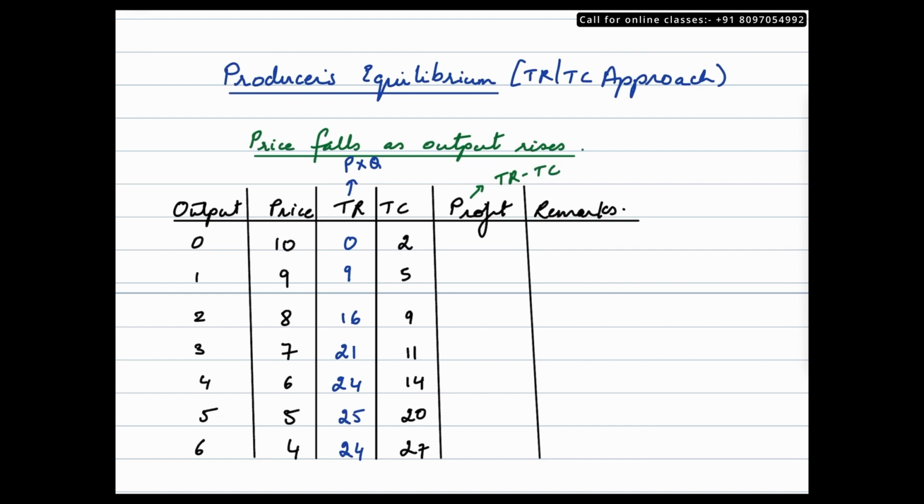So in this case here it is -2, then we have a +4, then we have a +7, then 10, then again we have 10, then we have 5 and then we have a -3. So given our conditions, we have the maximum profit values over here, which is again output 3 and output 4, just like the previous segment.